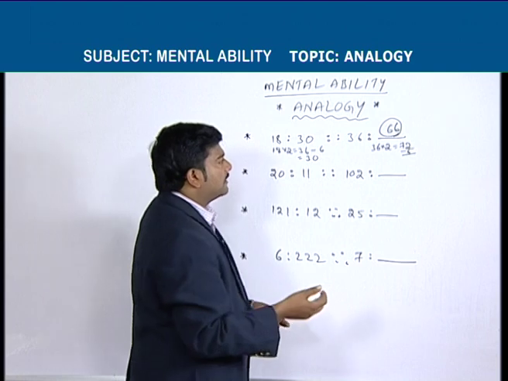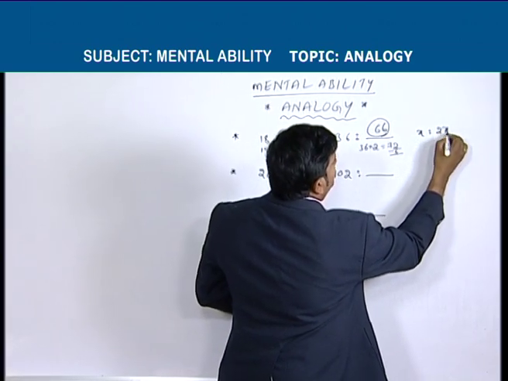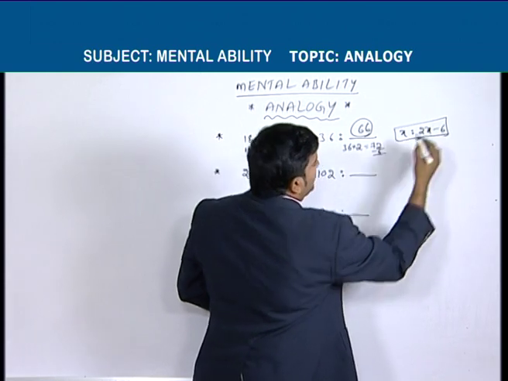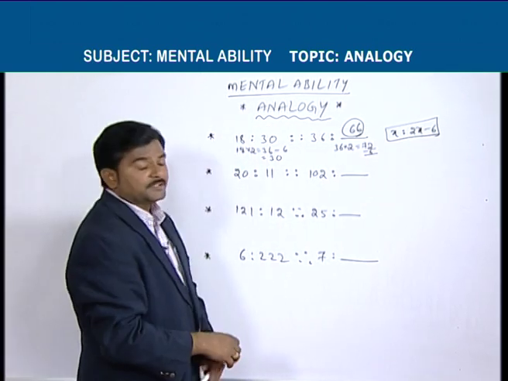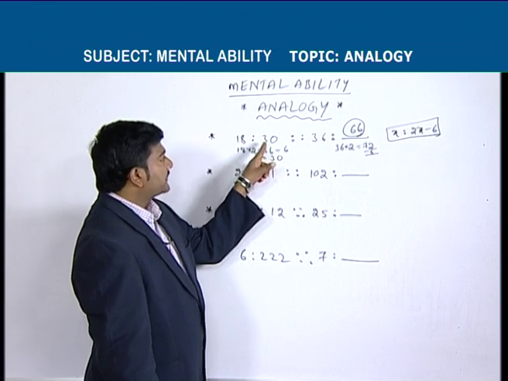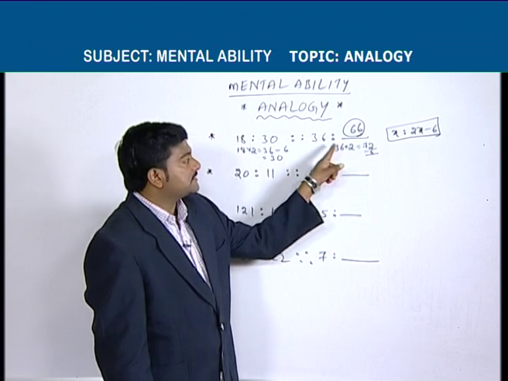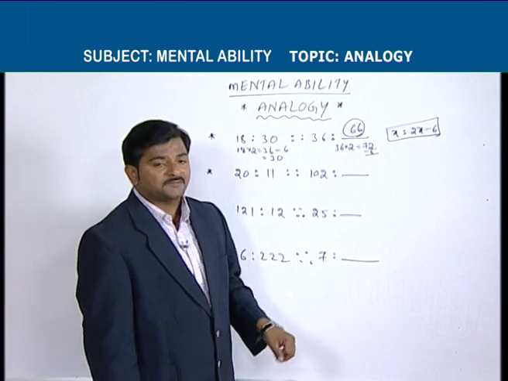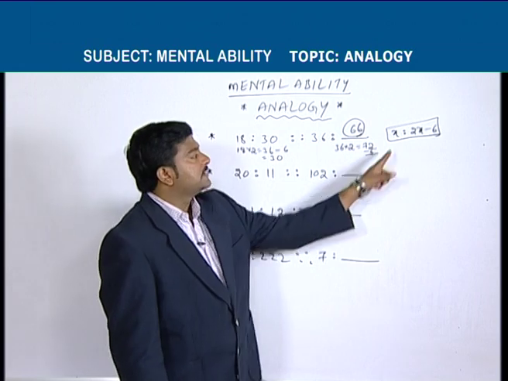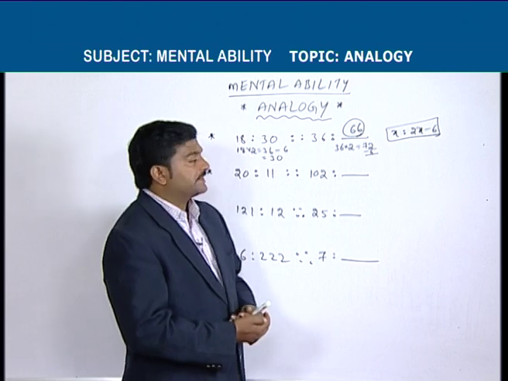And usually this model we can say like this: x is to 2x minus 6 model. I repeat once again, x is to 2x minus 6 model. What does it mean? 18 into 2 minus 6, 36 into 2 minus 6. That's why the concept involved in this is x is to 2x minus 6. I hope you understood this concept also.